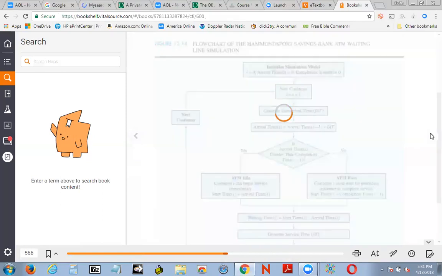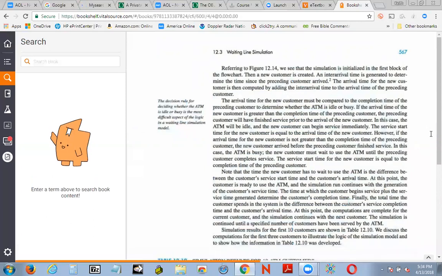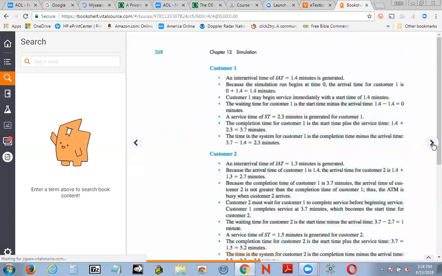Now, the authors even go so far over here on page 568, if I'm not mistaken, to walk you through, okay, each customer, the inter-arrival time is generated. Then before the simulation run begins, customer 1 is 0.